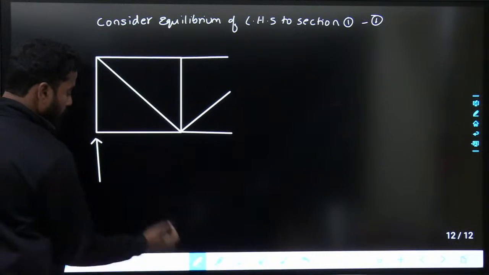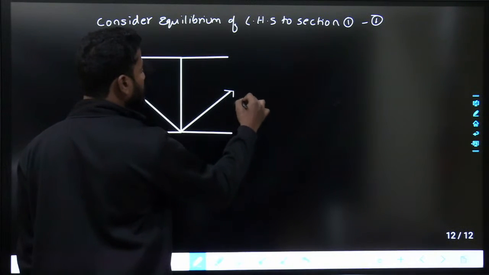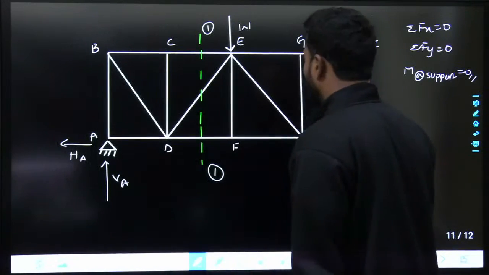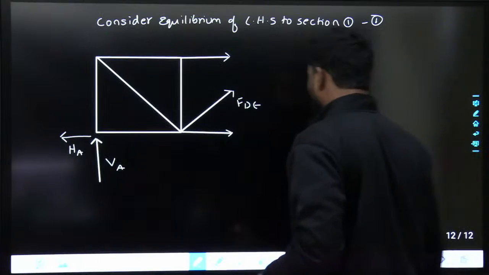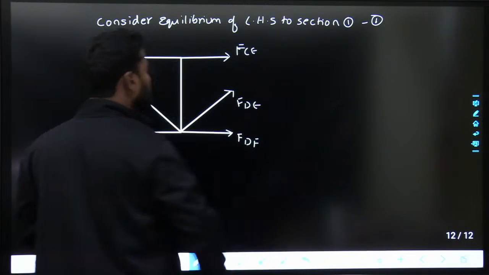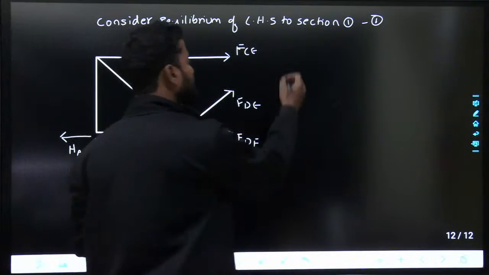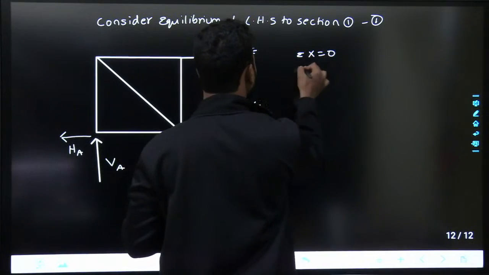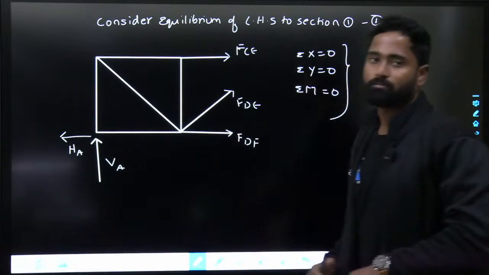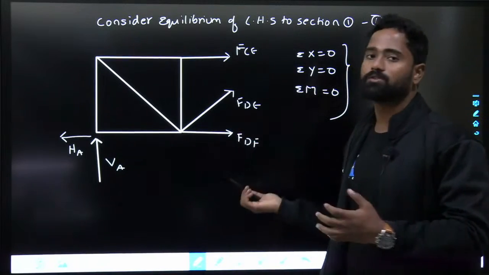There would be VA and HA. Here the forces in the members, let us say, are FDE, FCE and FDF. Now for this section, consider the equilibrium and take sigma x equals to 0, sigma y equals to 0 and summation of moments equals to 0. By using these three equations you can find out forces in these three members. Three equations, three unknowns, you can easily find out.